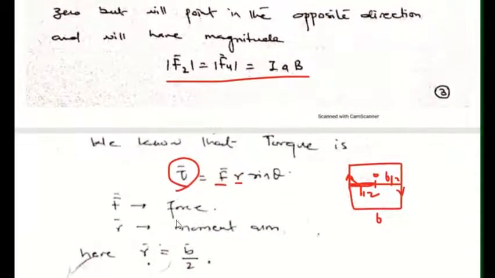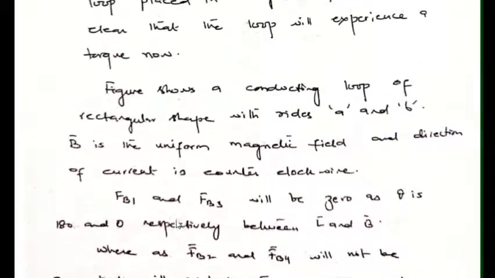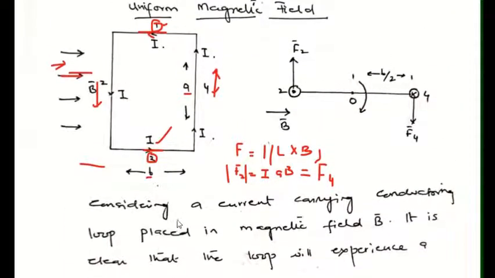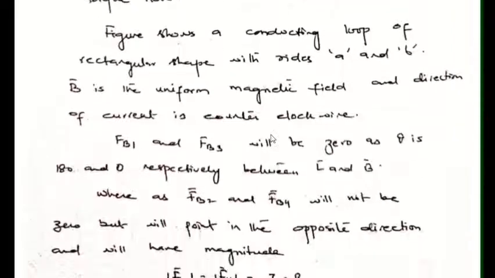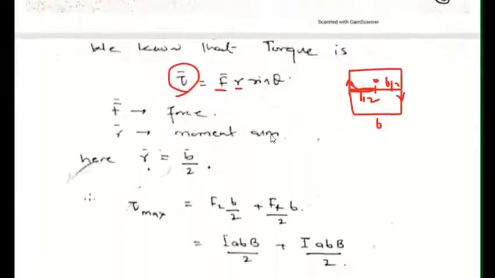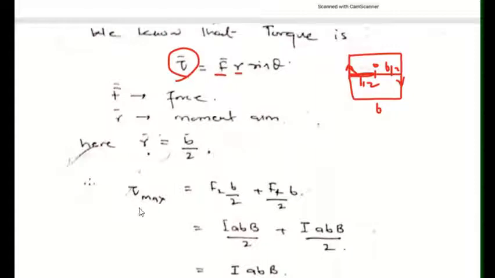If you look at figure 2 over here, this clearly shows that this force F2 is in this direction, F4 is in this direction, and we have the moment arm B by 2, and the turning effect is produced in this direction in the presence of the uniform magnetic field. So if I now put in the values for F and r, to find the maximum tau, I can write F2 into B over 2 plus F4 into B over 2.